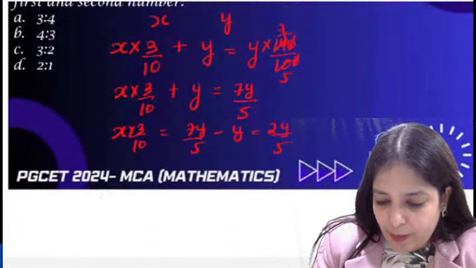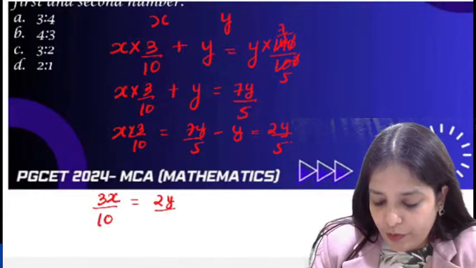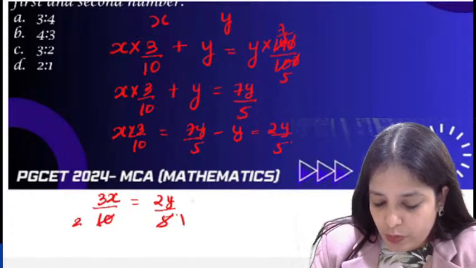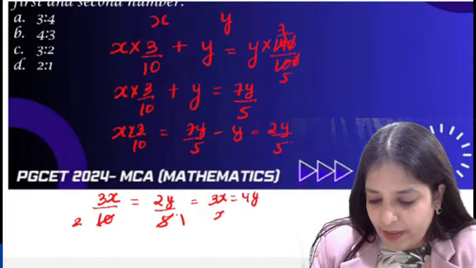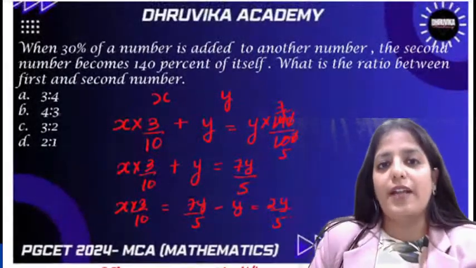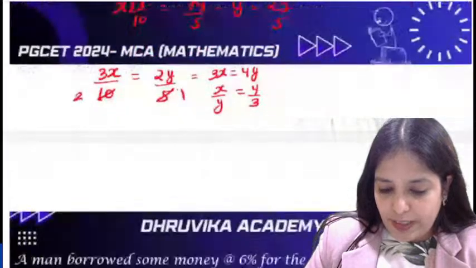So 3x upon 10 is equivalent to 2y upon 5, so it will get cancelled by 2, so 3x is equal to 4y. X upon y is equal to 4 is to 3, that is option B. Okay, let's proceed to the next question, guys.